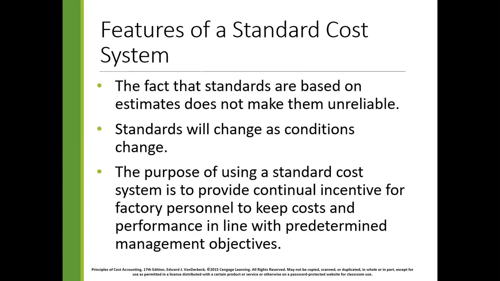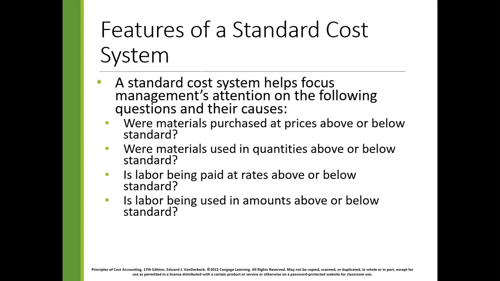So just like it's showing here, the purpose of using a standard cost system is to provide continual incentive for factory personnel to keep cost and performance in line with predetermined management objectives. Some of the questions that we might be able to answer, a standard cost system helps focus management attention on the following questions and their causes. Were materials purchased at prices above or below the standard?